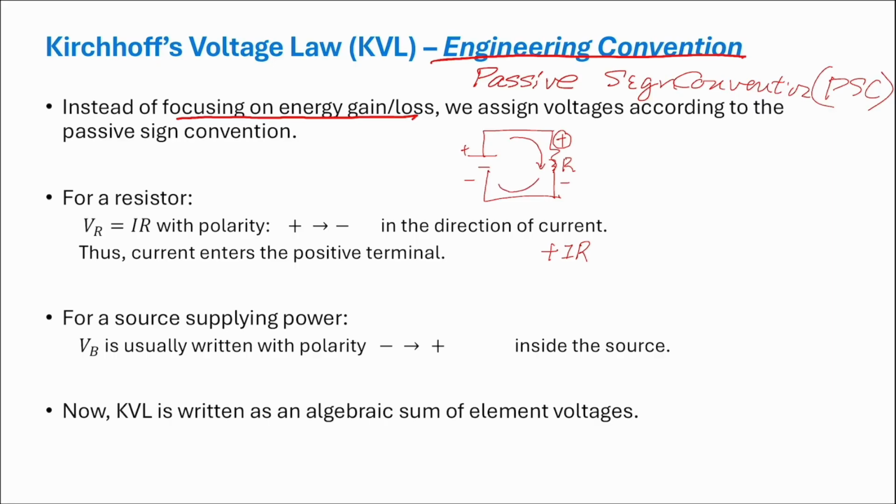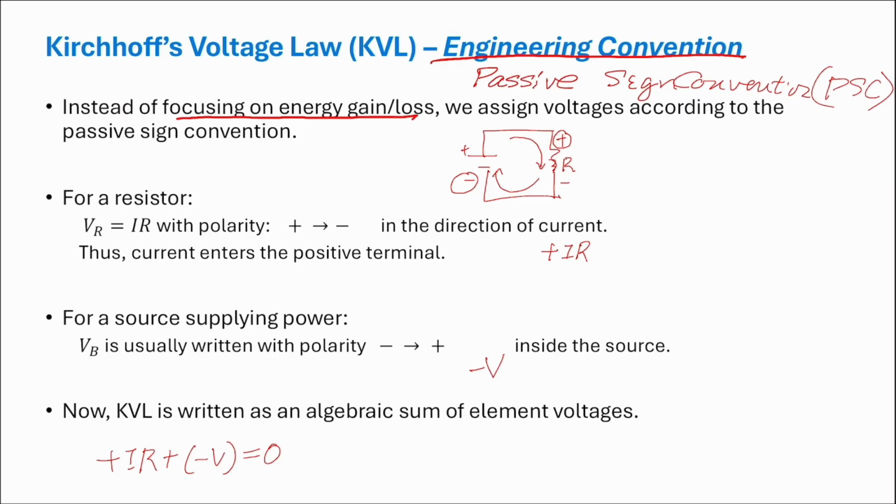When we analyze, following the current, we enter the battery from the negative side, so here it becomes minus V. The sum is positive IR plus negative V equal to 0. And you can see you will get the same answer because you just flip the sign from the previous convention.